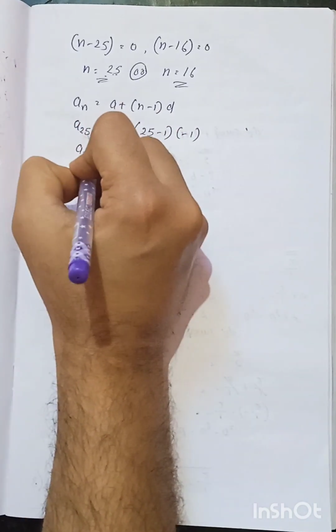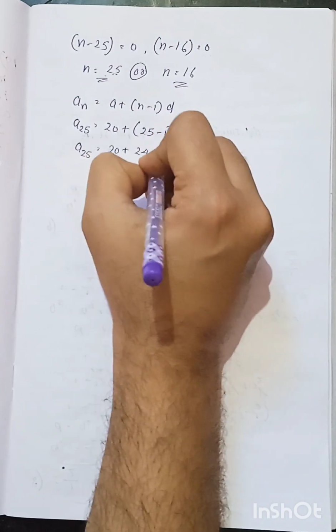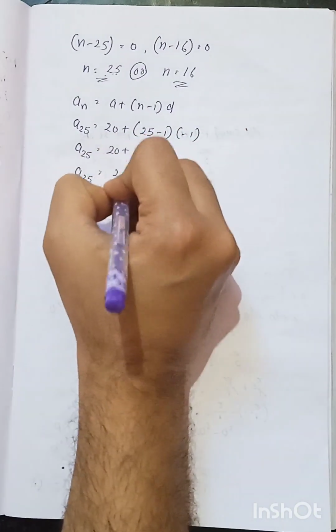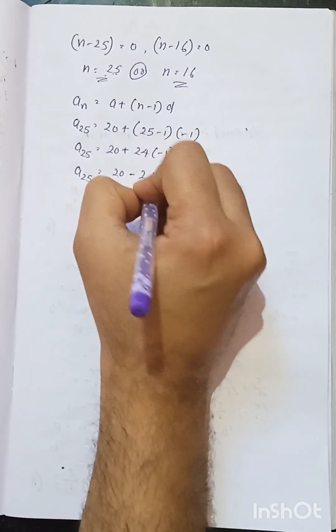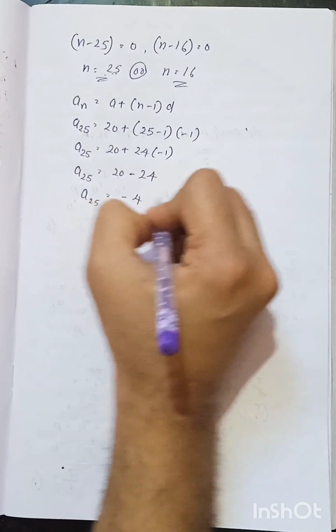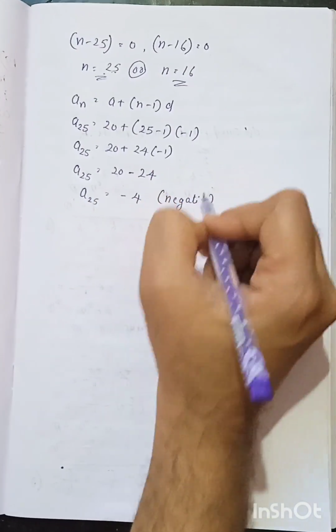Now a25 equals 20 plus 25 minus 1, 24 into minus 1. a25 equals 20 plus minus 24. a25 equals minus 4, that is negative. So it should not be the answer.